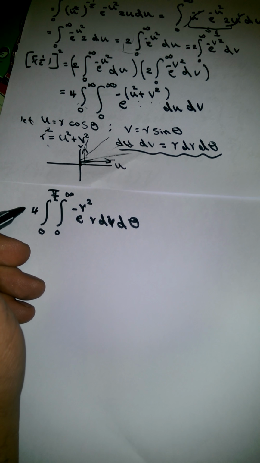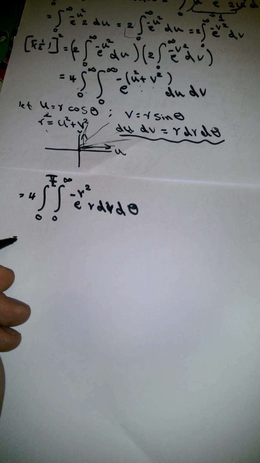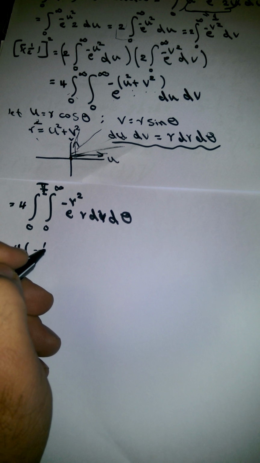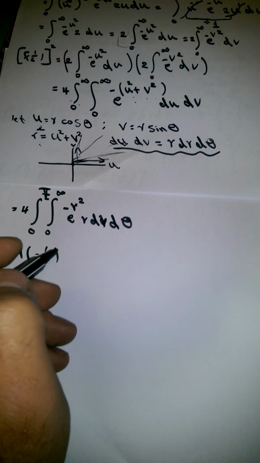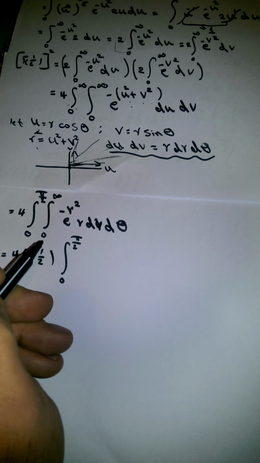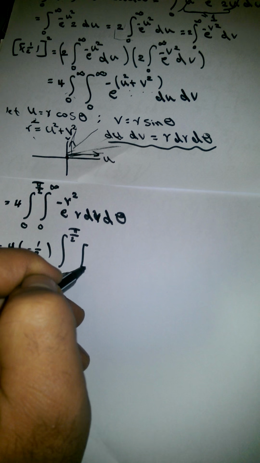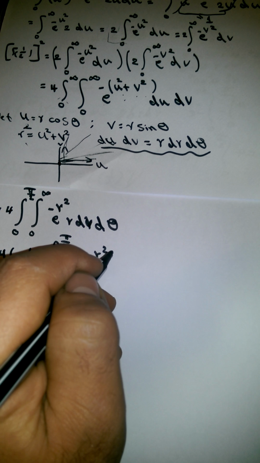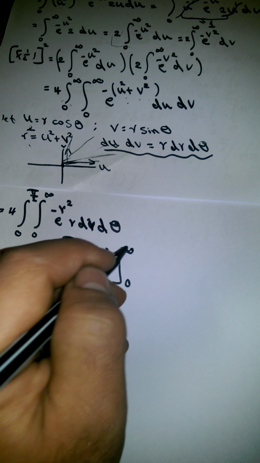Now we solve the first integral. We get 4 times minus 1 over 2 integral from 0 to pi over 2 e to the power minus r square from 0 to infinity.